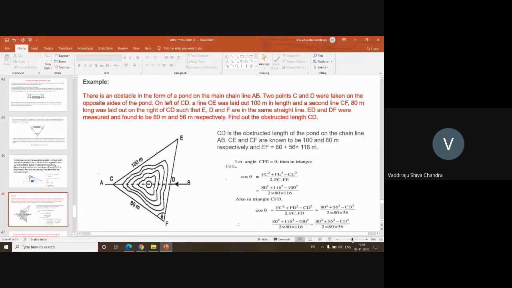Please confirm once you have noted down the question. You'll be given only this data. You'll not be given the diagram in the exams. Only this data will be given to you.